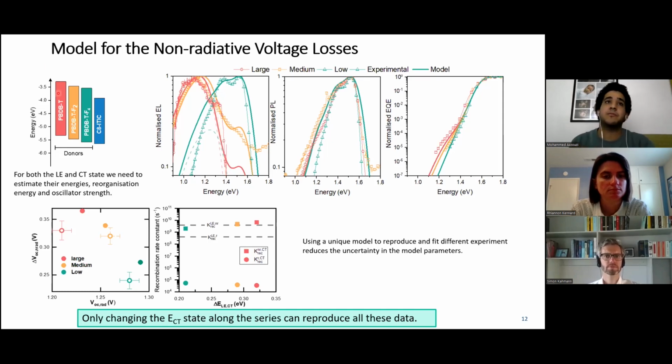We've assumed that by fluorinating the donor, we reduce that energy, and that would also mean changing the offset between LE and CT state. And just changing that parameter, we can reproduce all the data that we can see here.